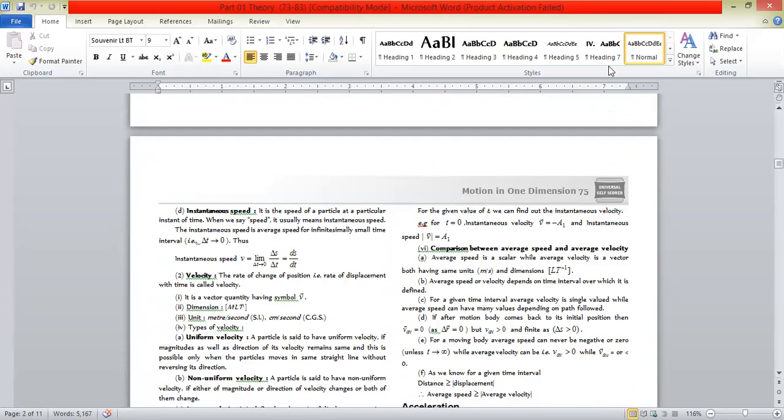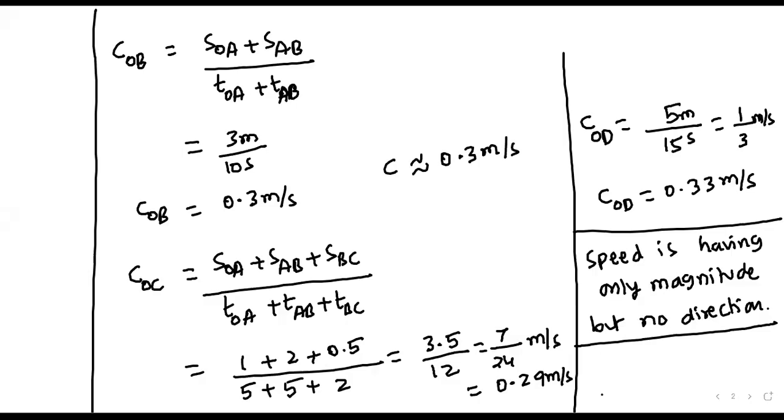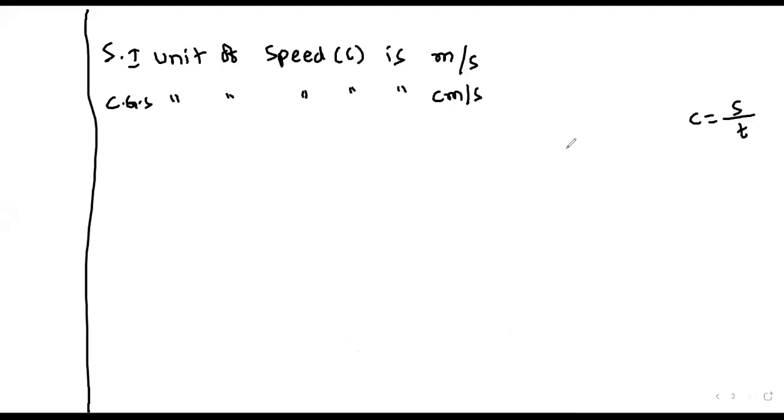First, read the theory, and thereafter we will do the numericals. Speed does not have any direction. Next, SI unit and CGS unit of speed we got.